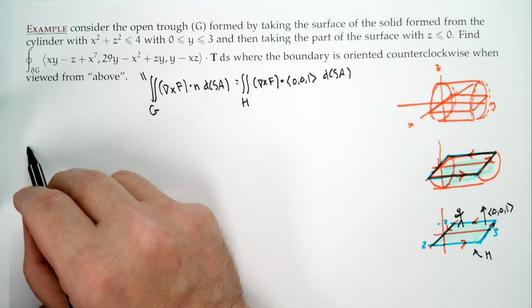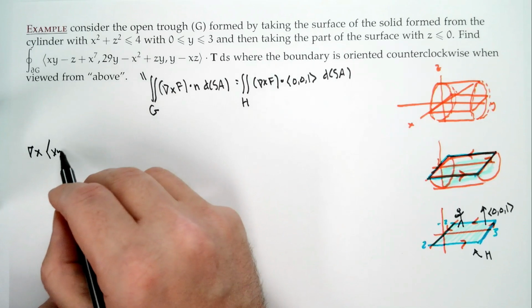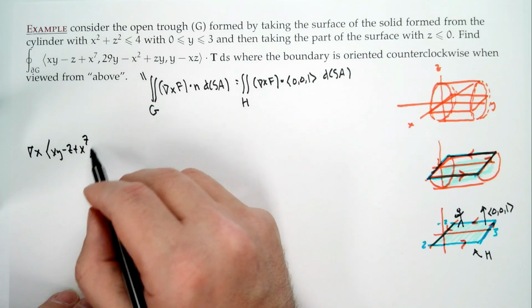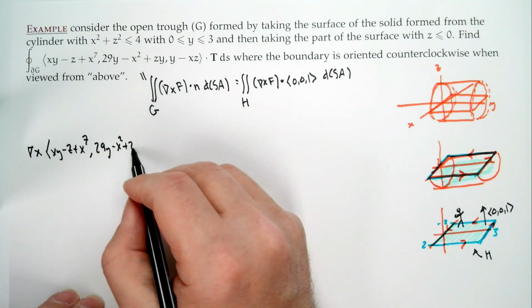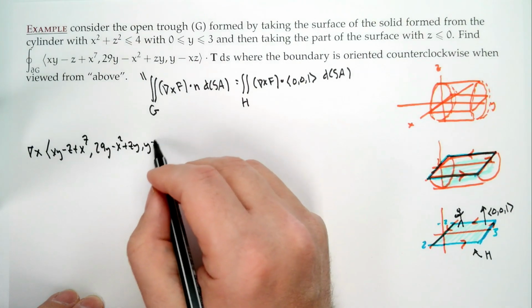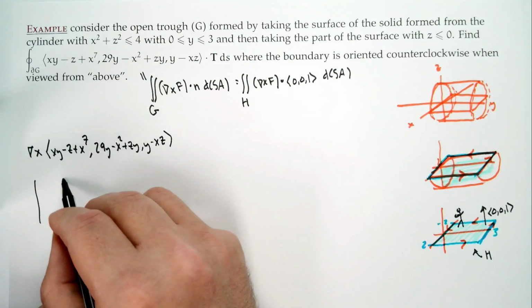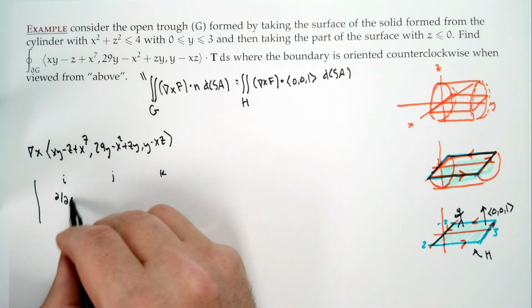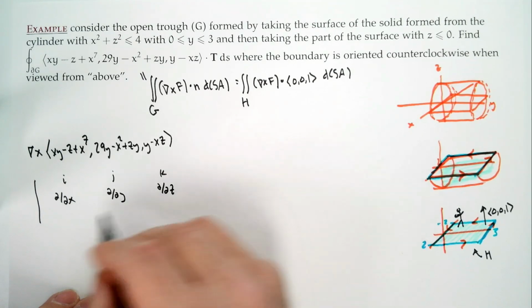So, del cross our function: xy minus z plus x to the 7th, comma, 29y minus x squared plus zy, comma, y minus xz. So we have our i, j, k, partial x, partial y, partial z.